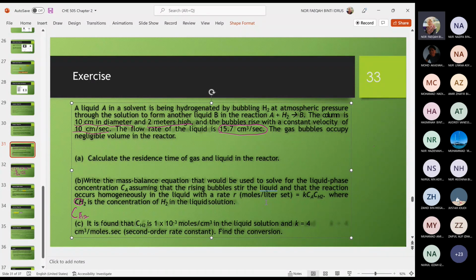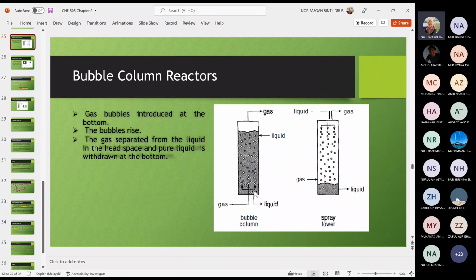Okay, and then another clue, rising bubbles stir the liquid. This is the main clue. What does it mean? It means we can model the reactor as a CSTR, because there is a stirrer. Even though if you look at the diagram of the reactor, a bubble column, there is no impeller, there is no stirrer.